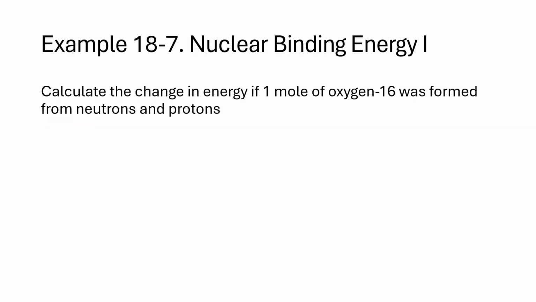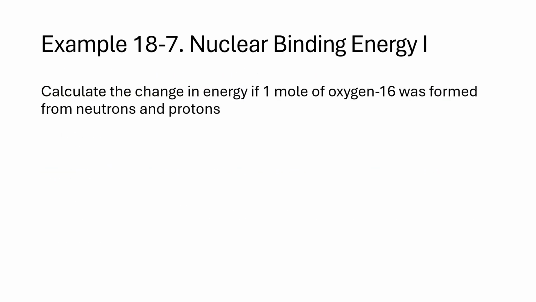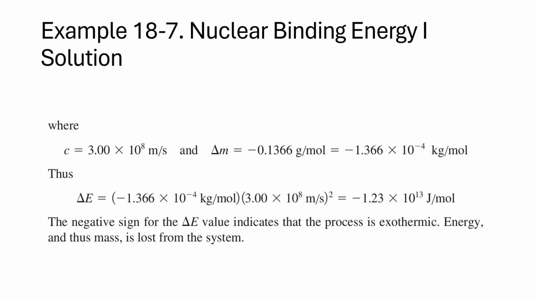Now, we can use this formula in the nuclear binding energy. Binding energy is the amount of energy needed to actually break up a nucleus. So let's calculate the change in energy if 1 mole of oxygen-16 was formed from its neutrons and protons. So ΔE is equal to Δm c squared.